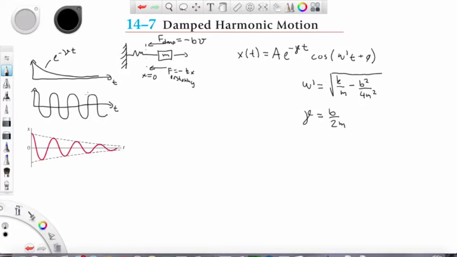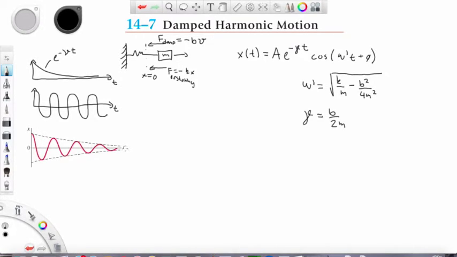And when we mate these two, by multiplying them, as seen here, we get the displacement curve for damped harmonic motion. So in essence, it's an exponentially decaying sinusoidal wave.